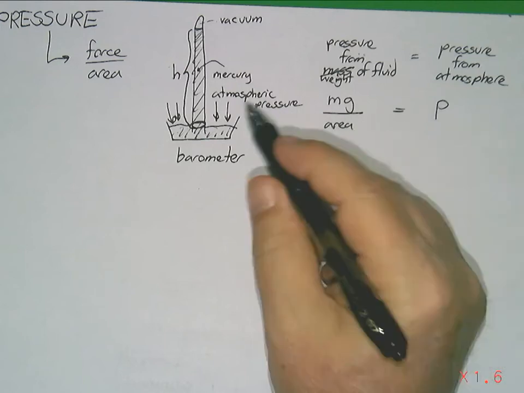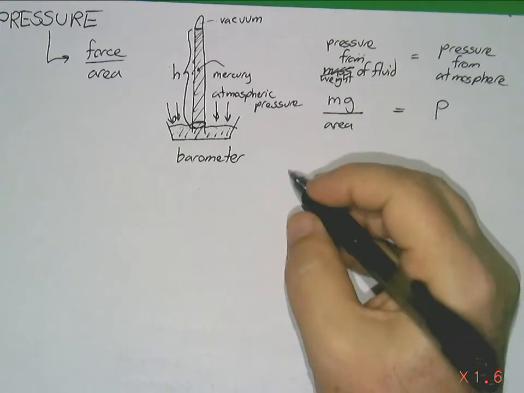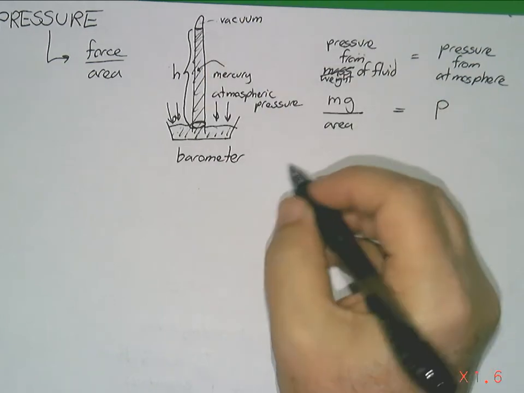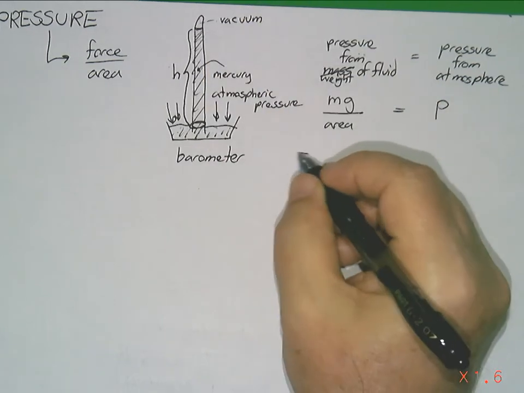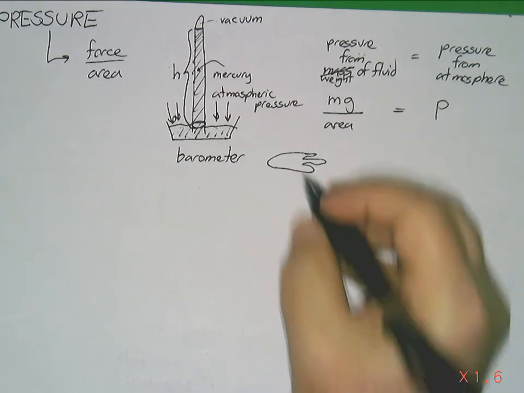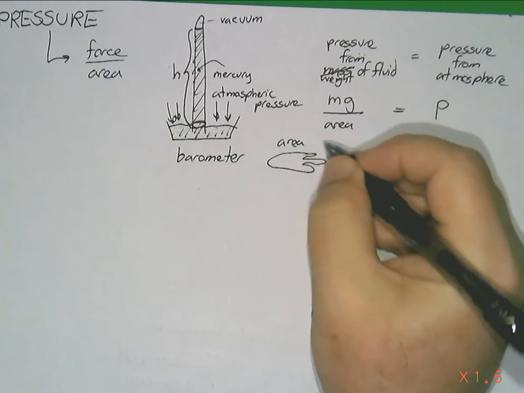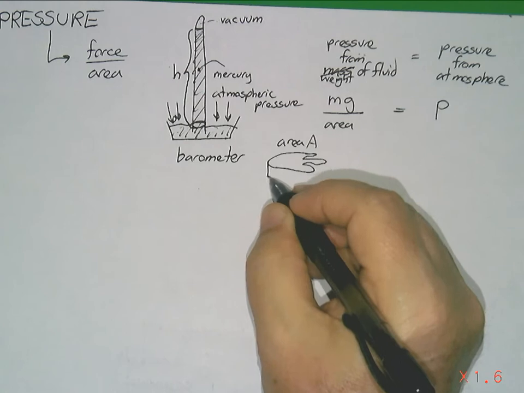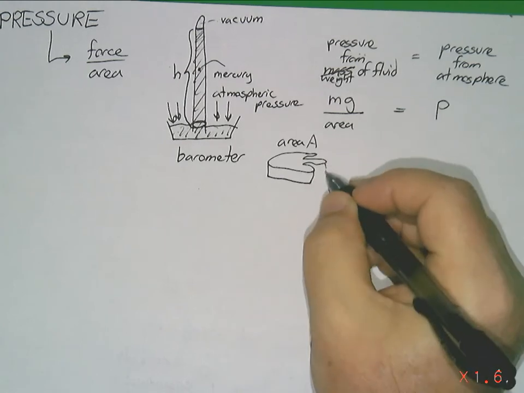If I want to figure out the area, I can use a relationship that involves the volume. If I have any kind of shape, say a footprint or something, and it has an area of A, and let's say it has even thickness.